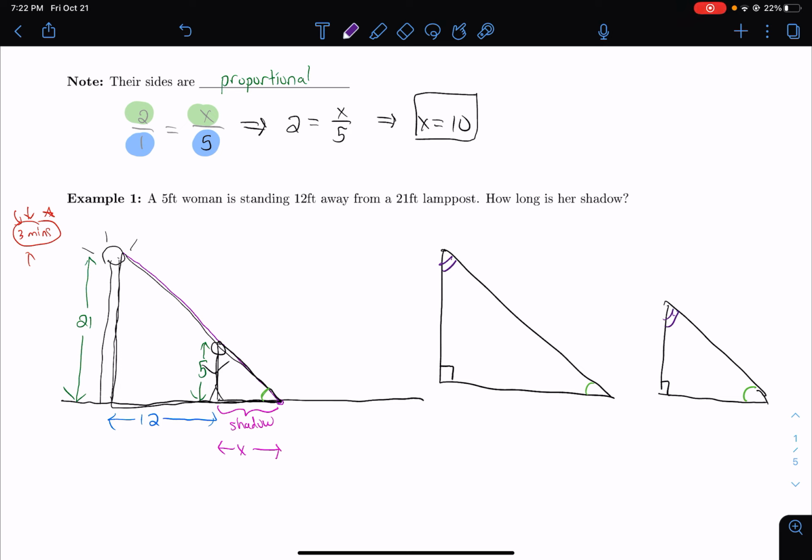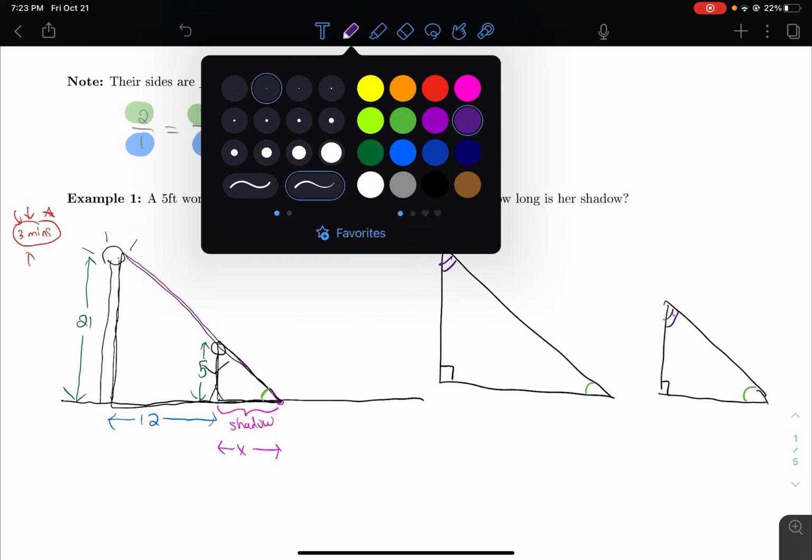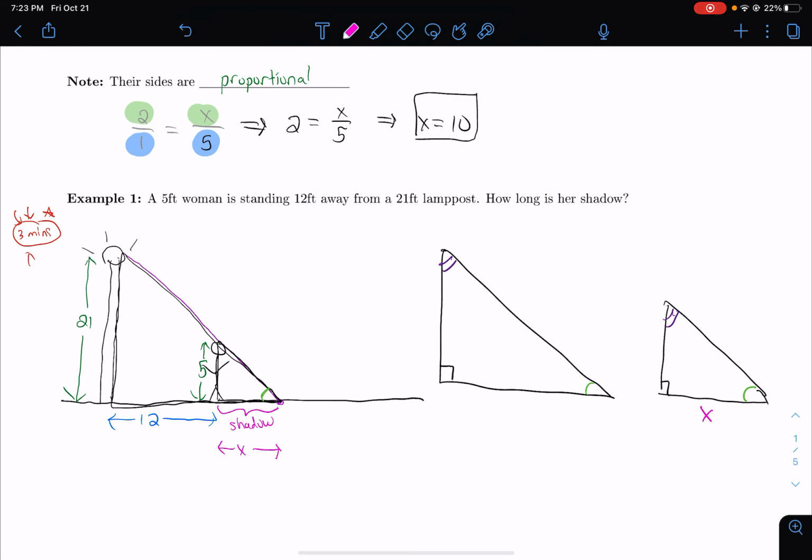Let's label the lengths that I know in the picture. The length of the shadow, the base of the small triangle, is x. The height of that one is the height of the woman, 5. In the big triangle, the height is 21 because that's the height of the lamppost, and the base is 12 plus x.